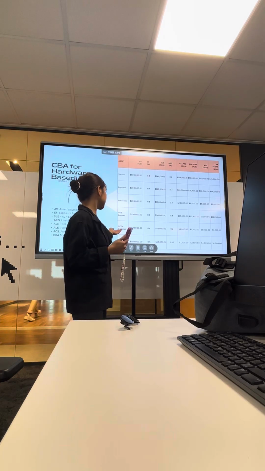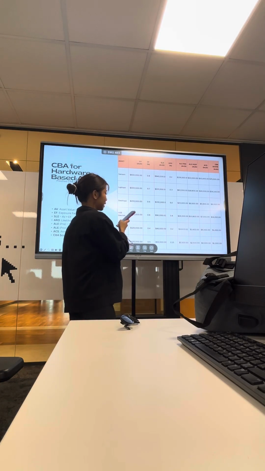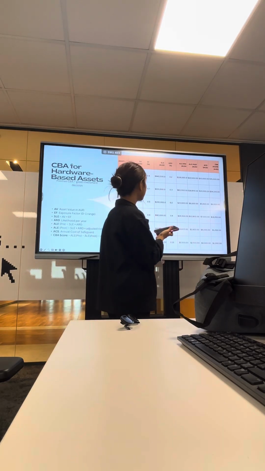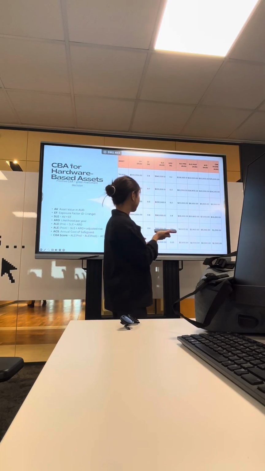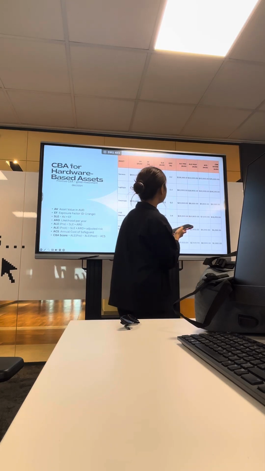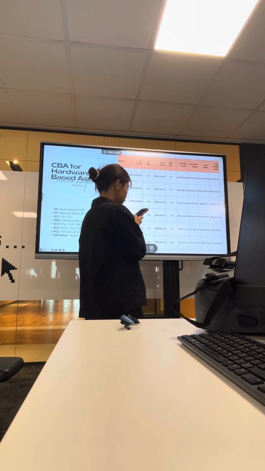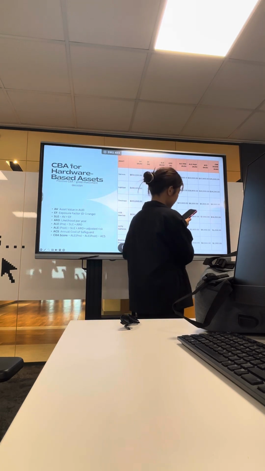If we are to take the example of biometric scanners, the value of the asset is at $100,000, and its exposure factor, which basically means its likelihood for a single incident to happen, is at 0.5 or 50%. So multiplying these two values together, we have the 50,000 value for SLE, or the single loss expectancy.